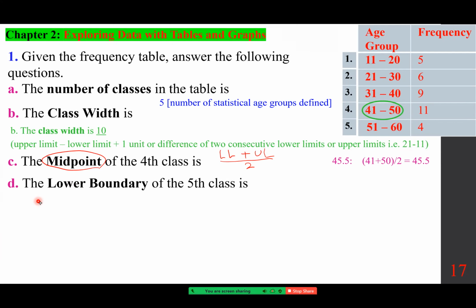What is the lower boundary of the 5th class? First of all, this is the 5th class. To find the boundaries, if we add up these two, that means the upper limit of the 4th class and the lower limit of the 5th class, add them up, divide by 2, it becomes the upper boundary of the 4th and lower boundary of the 5th class.